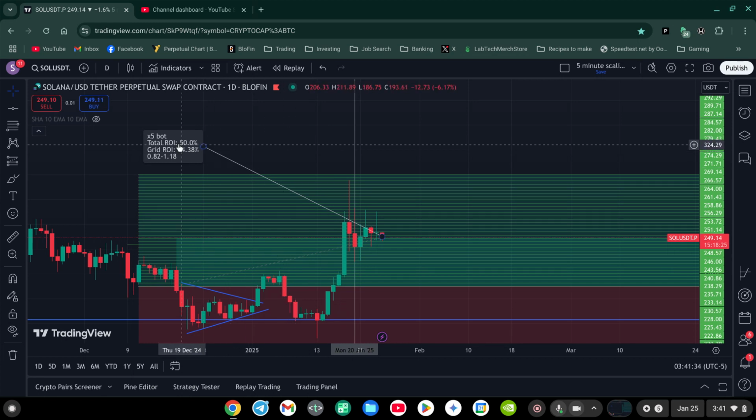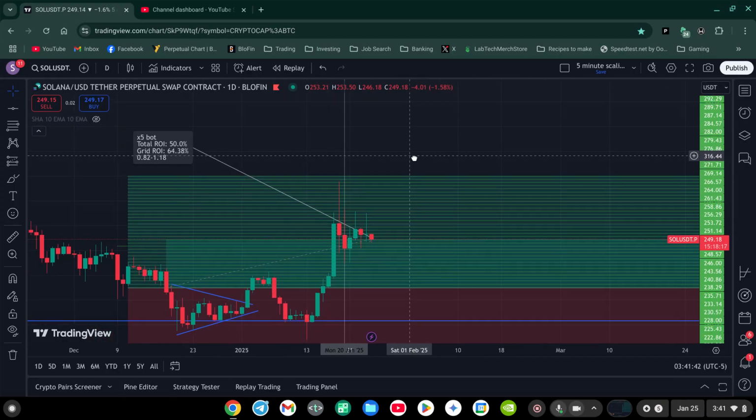If I were to close the bot at this point, indicated by the line, which is today, I would make about a 50% profit. The reason that's lower than the grid profit is that all of the longs this thing has started, which at this point it has deployed all of its longs except for a couple up here, evidently it's at a point where the average of those is in loss.